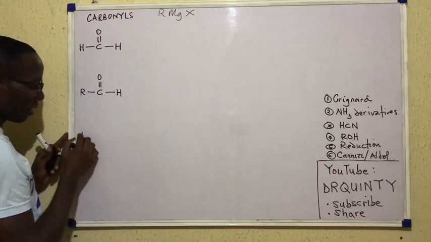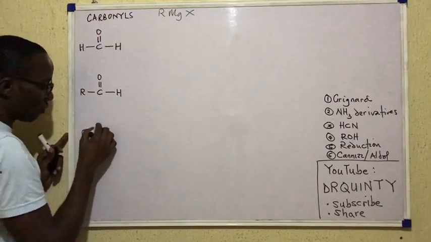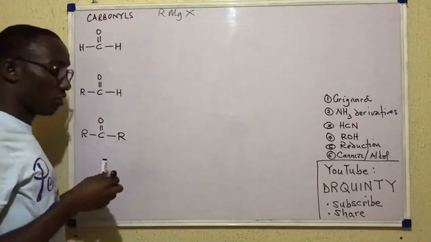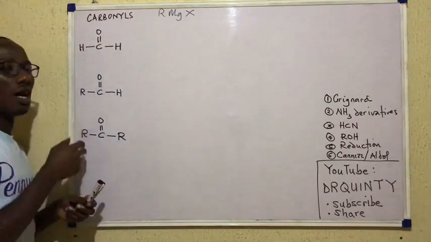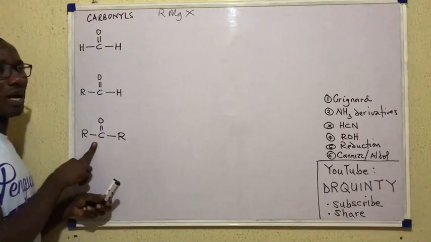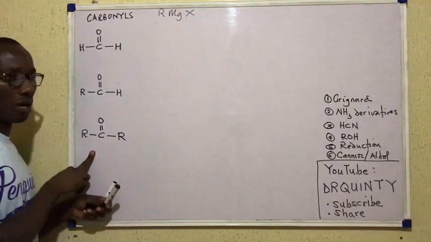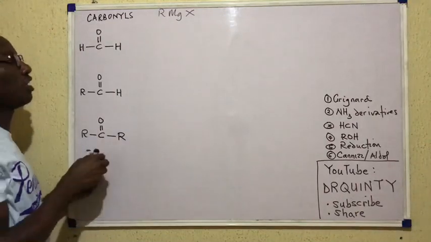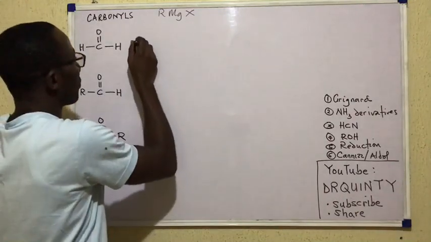On this board, the first structure up there is methanal, so HCHO. Then beyond methanal, on the second line, I have drawn something to represent all other alkanals. Of course, the general formula of alkanals is RCHO, so that's what we have here. Then on this last one, we have alkanones, RCOR. Now these are carbonyls, and in each case, they are going to react with Grignard reagents.